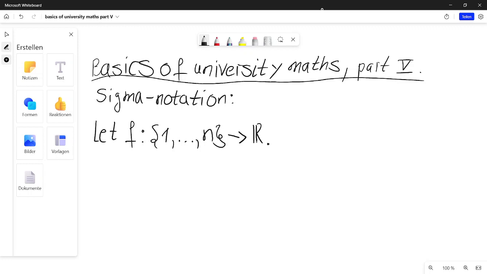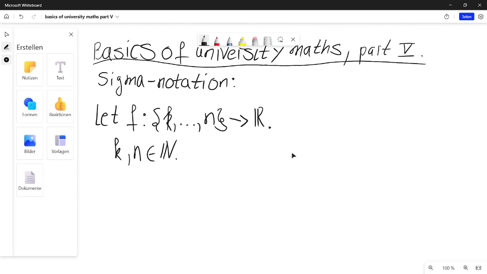Okay, let f be a function from k to n, where k and n are just given natural numbers. Okay. And then we have such a function.